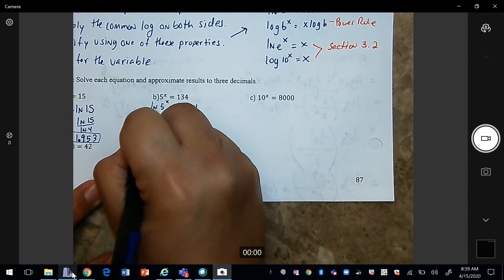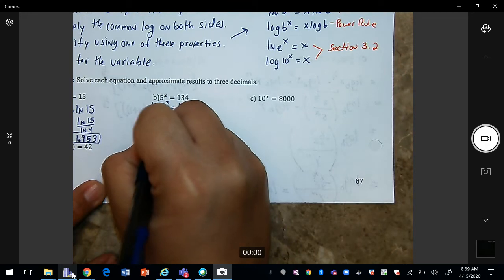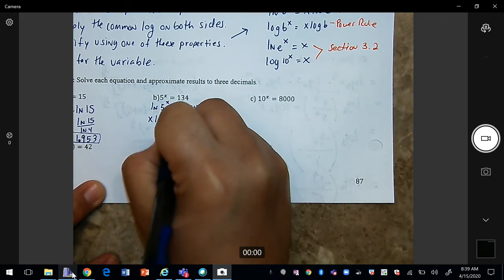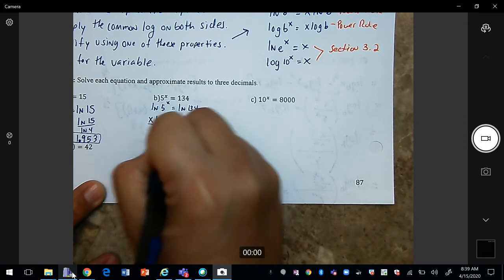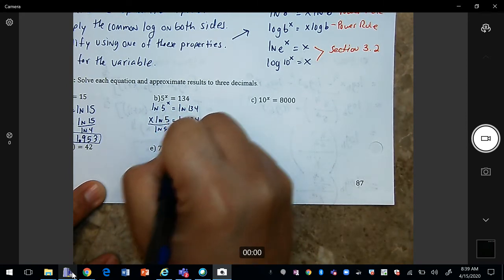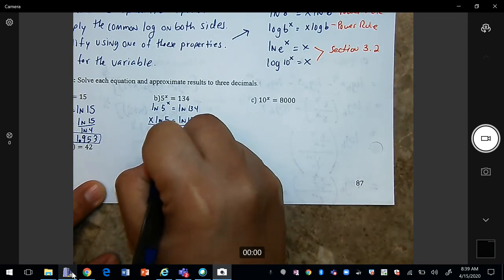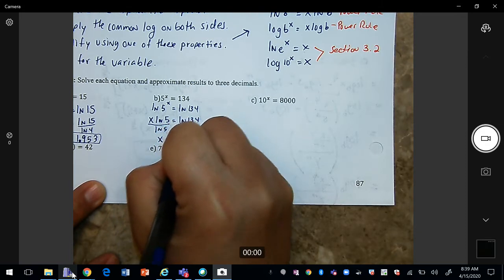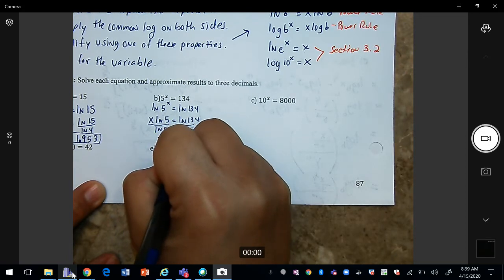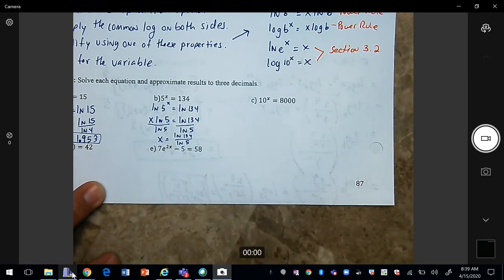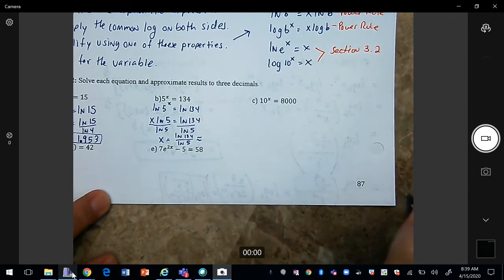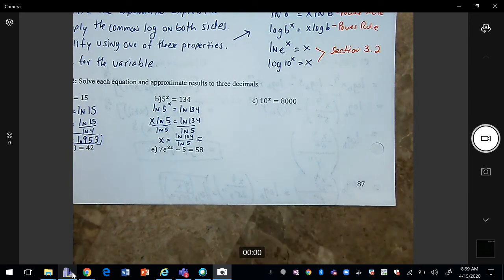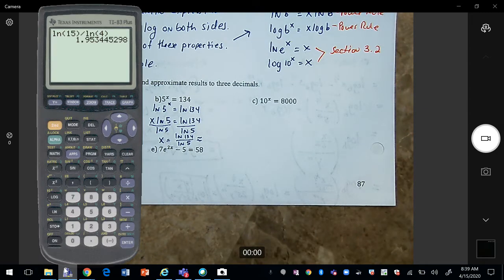I'm going to use the power rule and bring the x to the front since it's an exponent, and divide by natural log of 5. If you're using WebAssign and it wants an exact answer, then you would enter natural log of 134 divided by natural log of 5. If it wants a decimal, an approximation, then you can put that in your calculator.